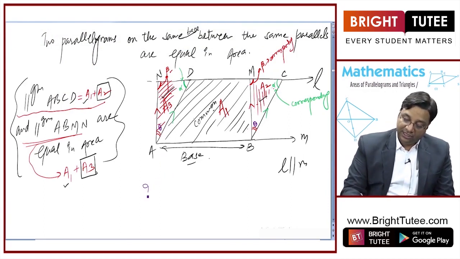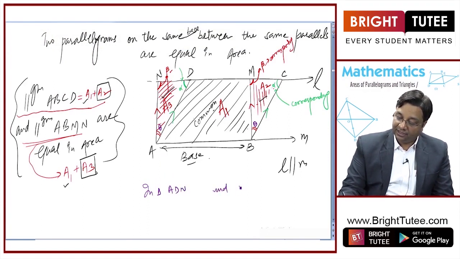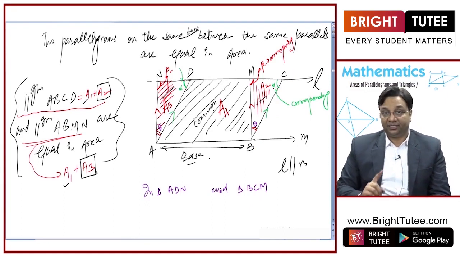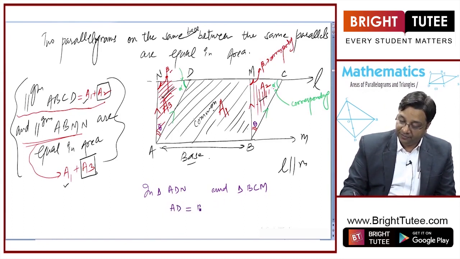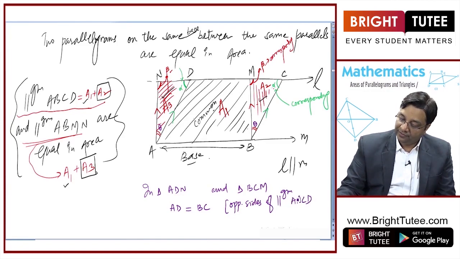Now, if you notice in triangle ADN and triangle BCM, all angles are equal. And what about sides? Can I say side AD is equal to side BC? Opposite sides of parallelogram ABCD.